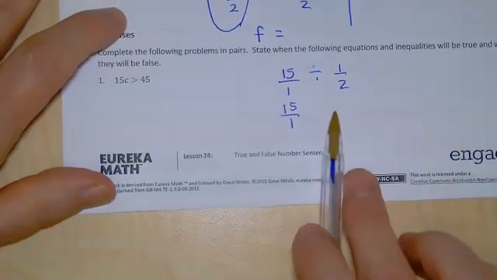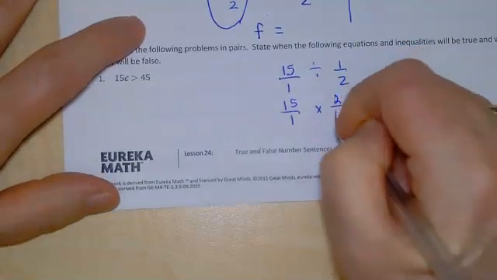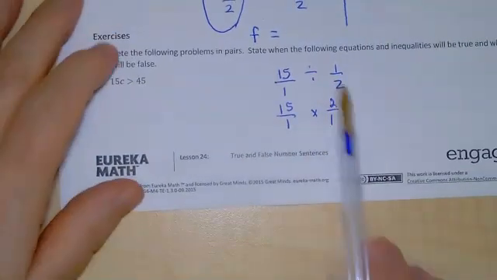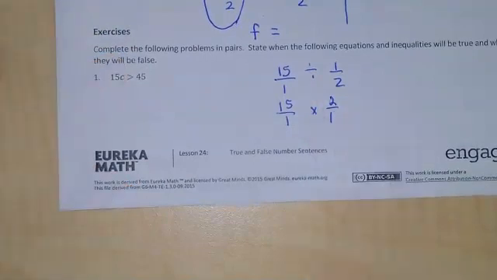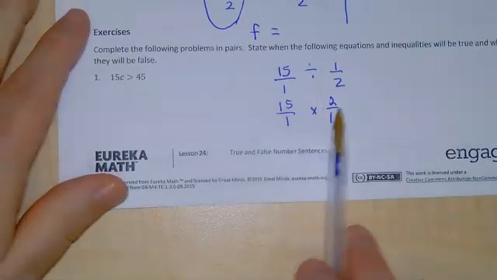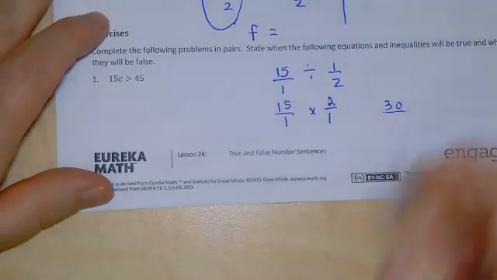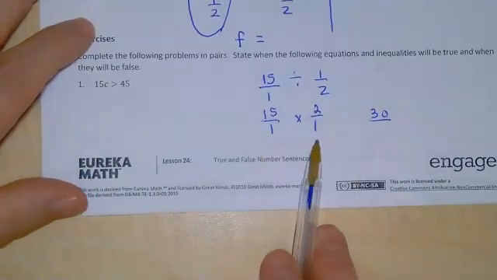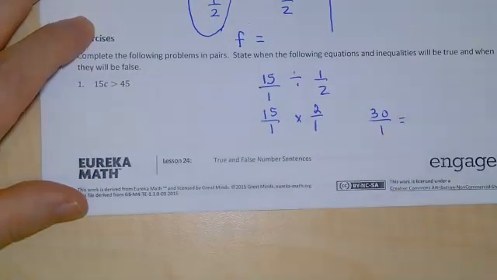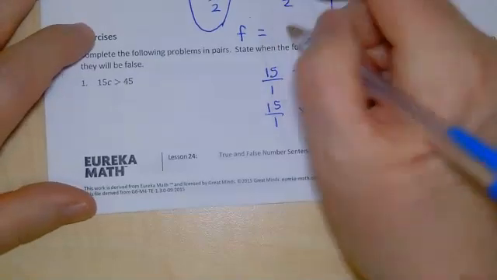You always do the reciprocal of the second fraction. So once you change this, Anna, everything that comes after switches. So 15 times 2 is numerator times numerator, denominator times denominator. And what do you know about numbers if they have 1 for the denominator, Anna? It's a whole number. So the answer to this is 30.